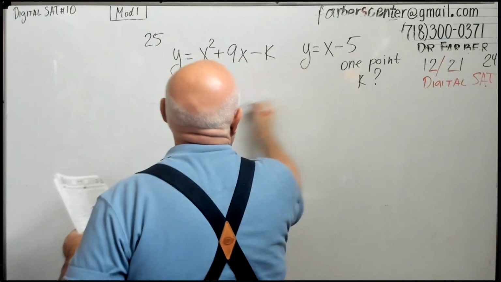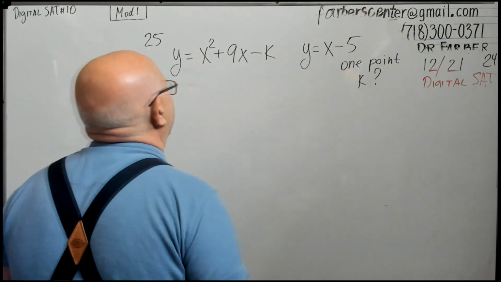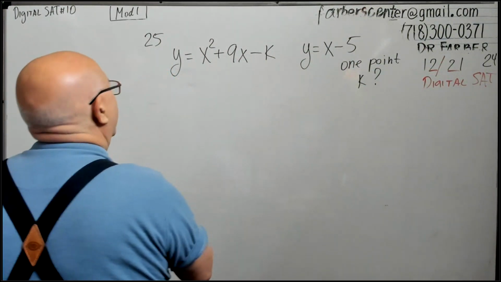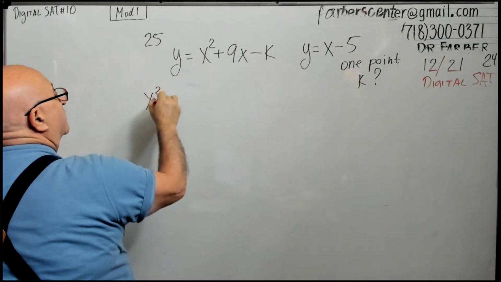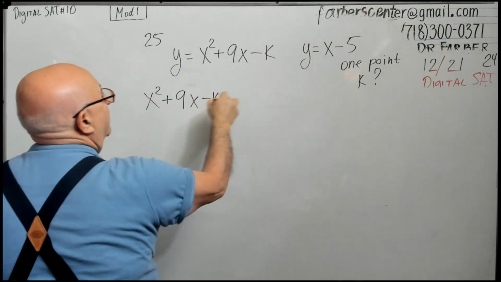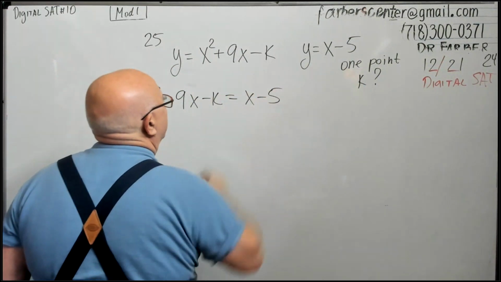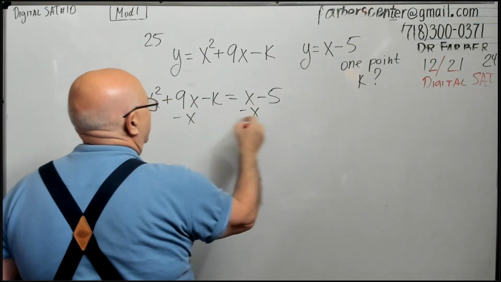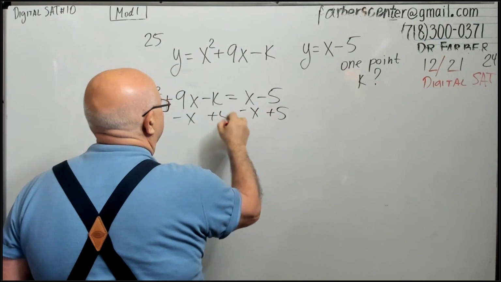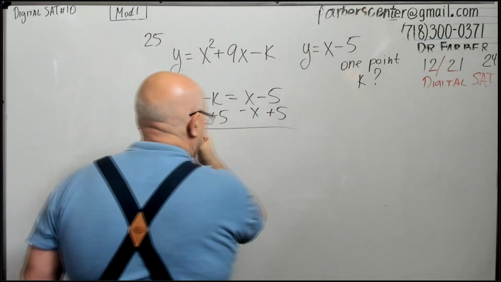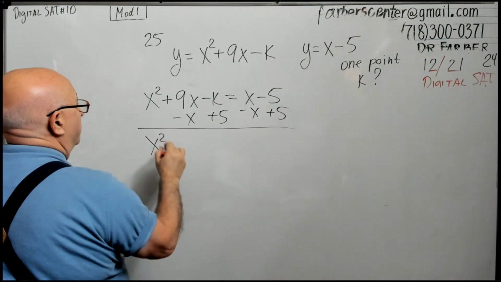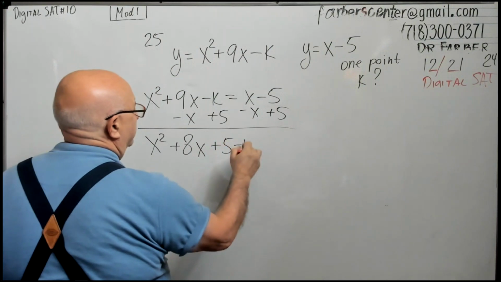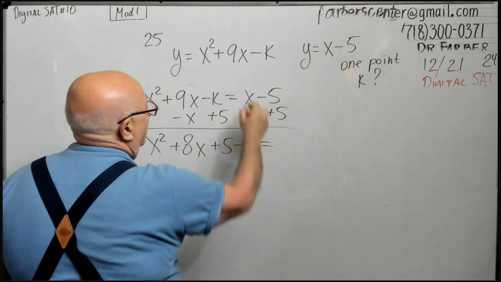So since they intersect, they have common points. So you can combine the right parts together. And you will have x squared plus 9x minus k equals x minus 5. Normalize it. Minus x and minus x. Plus 5 and plus 5. And we have x squared plus 8x plus 5 minus k equals 0.